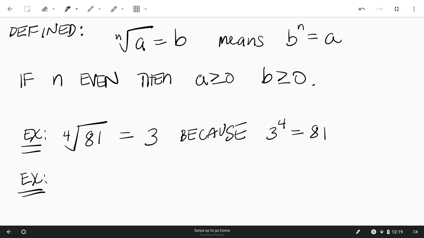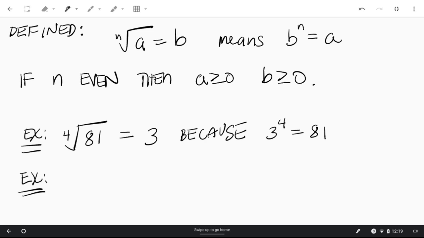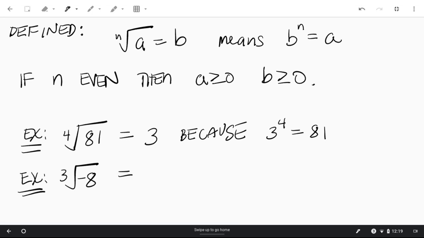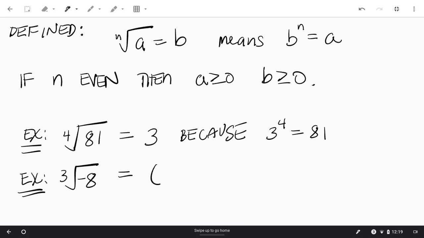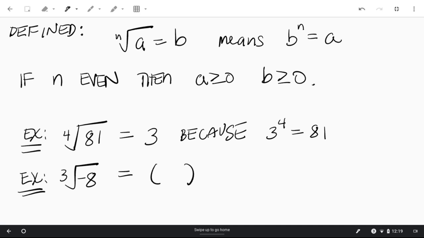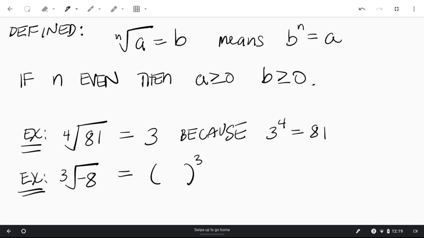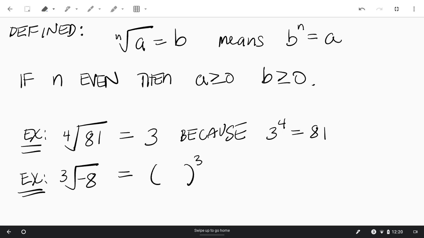Okay, let's do another one. Let's do the cube root of -8. Okay, so we're trying to find a number so that when you raise it to the 3rd power, we get, here, hold on a second. Let me do that over here.